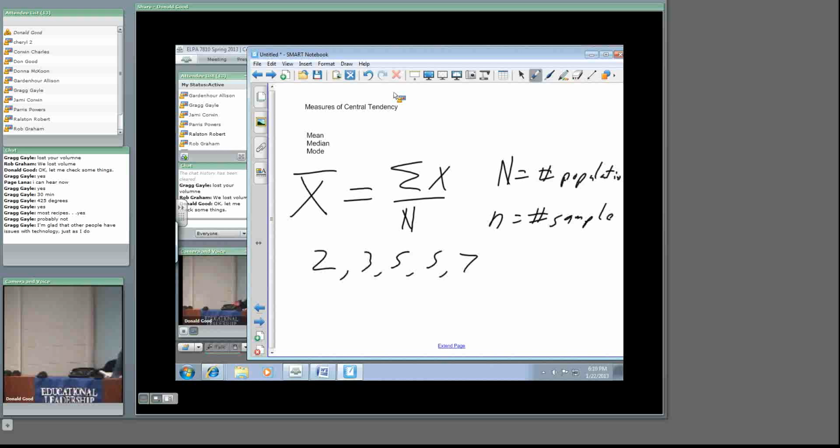In this case, it's the 5, the first 5. So the median is 5. It's the number in the middle. The mode is the one that shows up most often. So the median is 5, and the mode is 5.